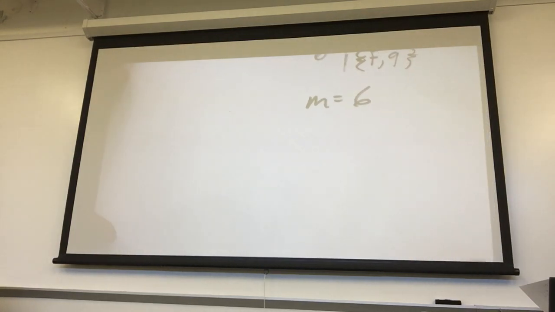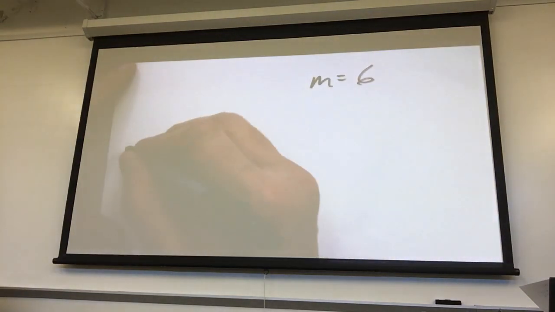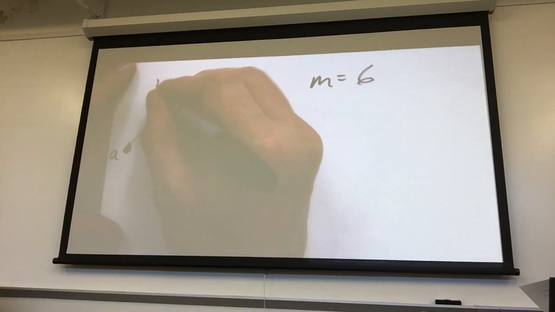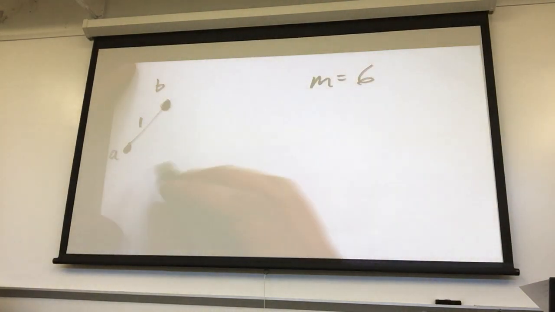Okay, now m, which equals 6, would pick up A connected with B, which had a length of 1.